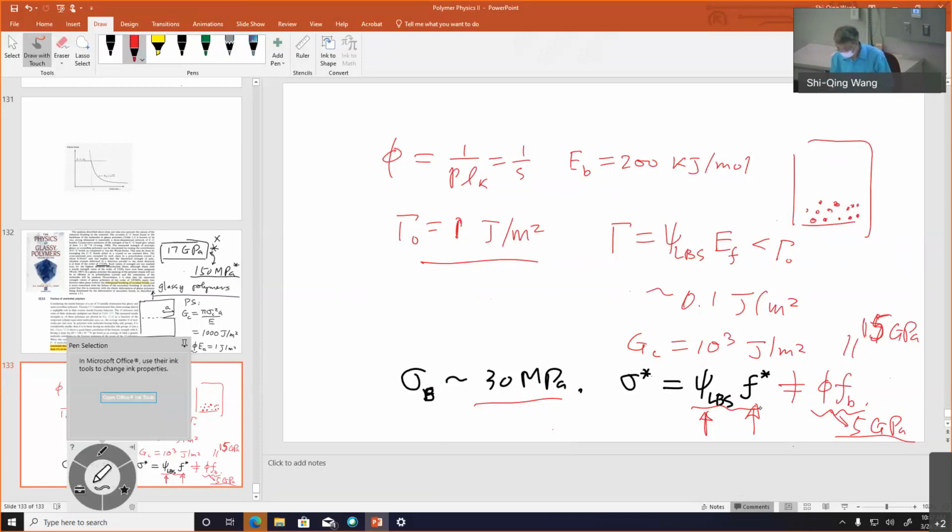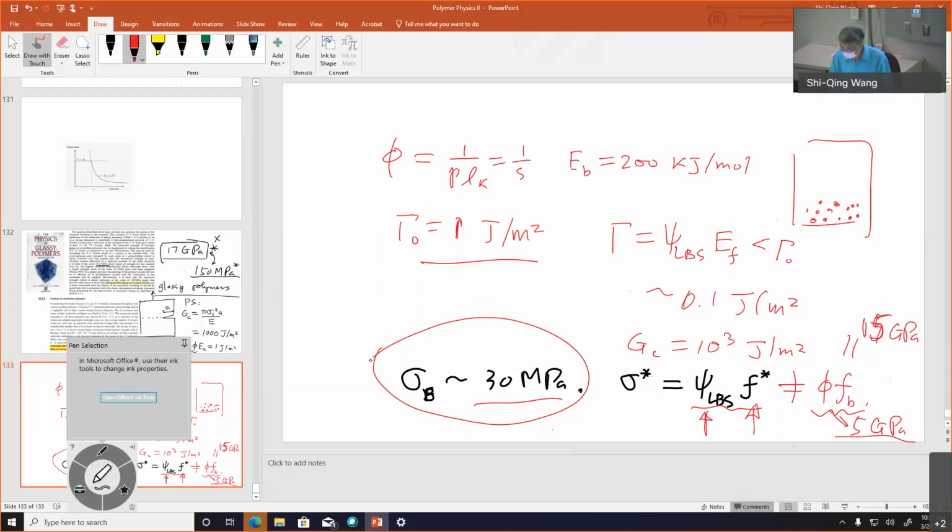So this is the difficulty of not knowing whether this is really very close to theoretical strength or not. So I think it's widely open how to proceed from this point.